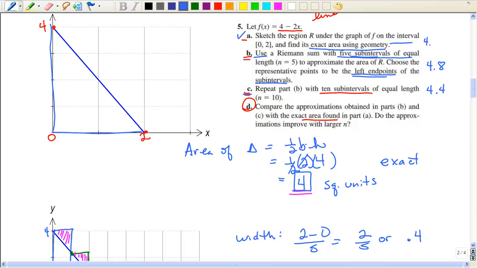Remember, the exact area was 4.0. So part D says compare. Well, obviously, I'm getting closer. Do the approximations improve with the larger n? Yes. If I used 5 here and 10 here, I'd get an even better approximation if I used like 100, which I certainly don't want to do.